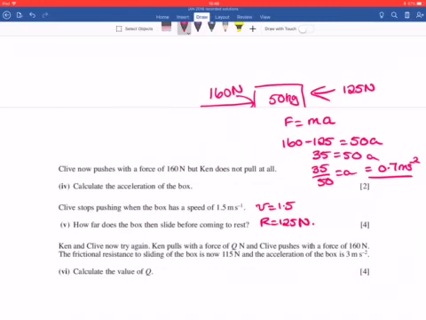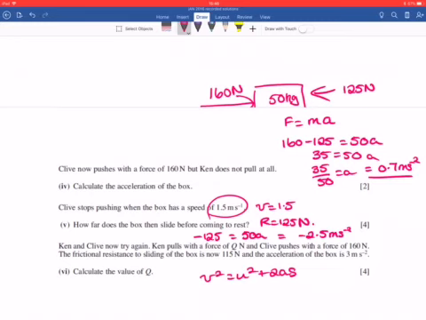We know that he stopped when the speed was 1.5. So v squared equals u squared plus 2as. How far is it going to go before it stops? So the velocity at the end will be 0, equals 1.5 squared plus 2 times minus 2.5 times s.